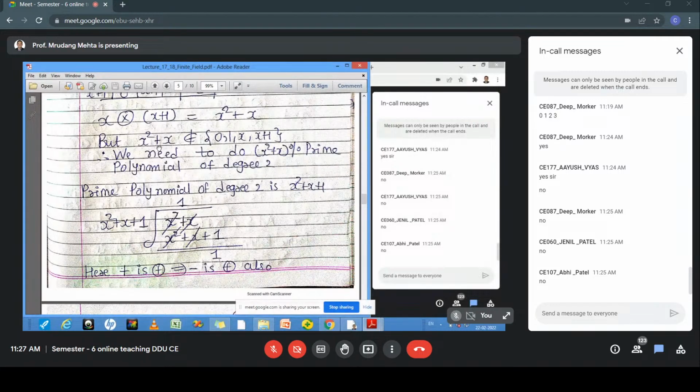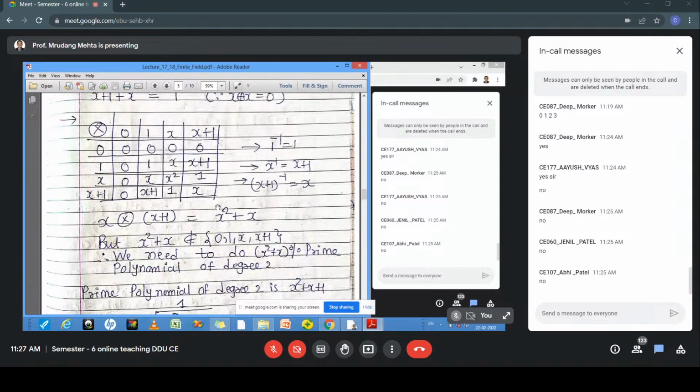So we need to do x square plus x mod prime polynomial of degree 2. So x square plus x is divided by x square plus x plus 1. So we take 1, where x square and x cancel out. So what remains is 1. So here, x into x plus 1 is 1, and x plus 1 into x is also 1.